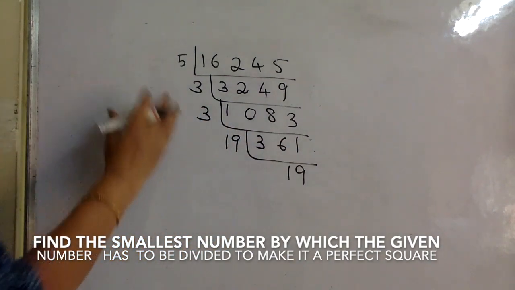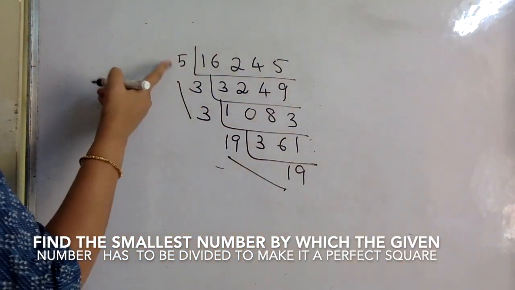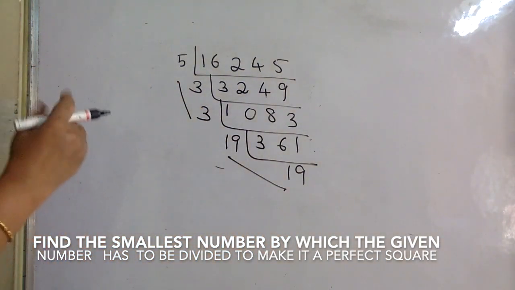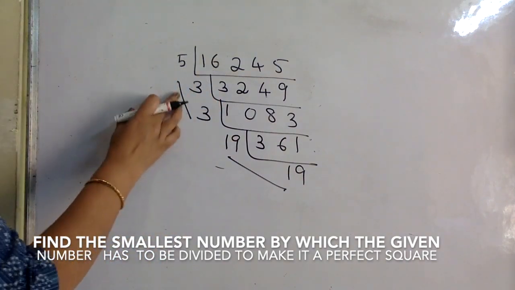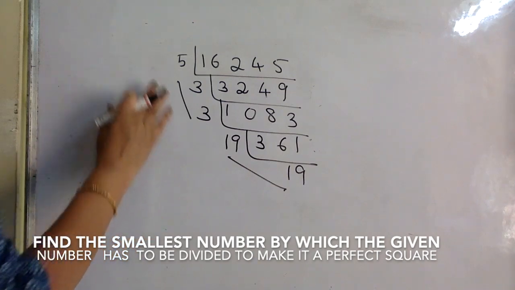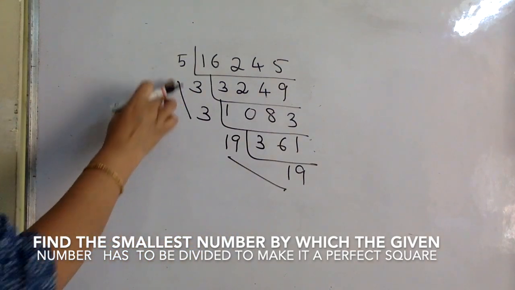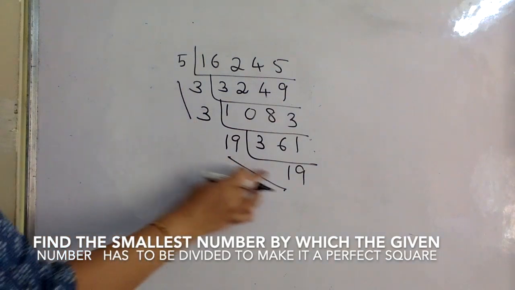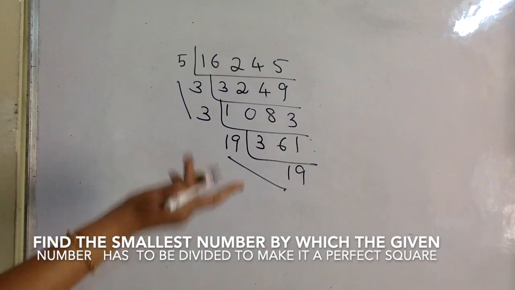Now if you observe this, this has a pair, this also has a pair, but this does not have a pair. So don't you think if I divide this number with a 5, because these are all the factors, then this number will become a perfect square, because what will be left is pairs of numbers. I can do it and show you here.